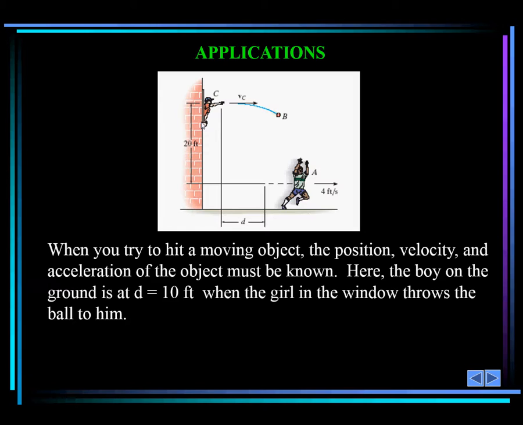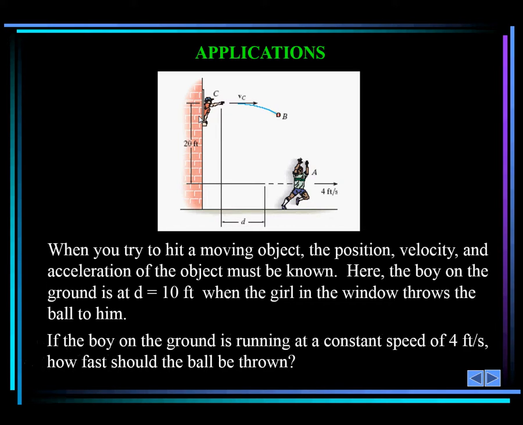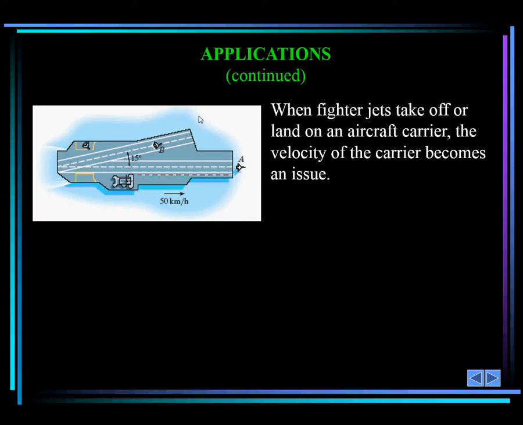So you need to know something about the velocity and the position, of course. If the boy on the ground is running at a constant speed, how fast should the ball be thrown? That's another application. So this is relative position and velocity.